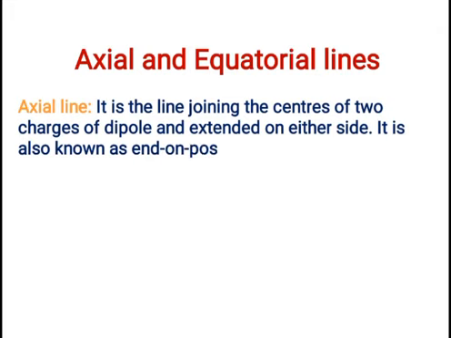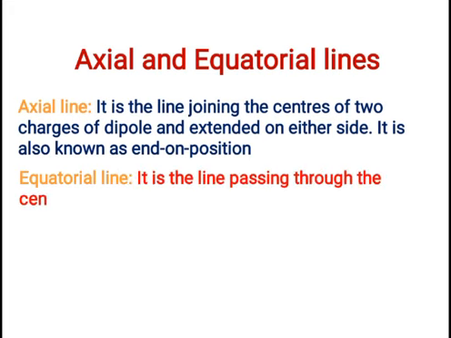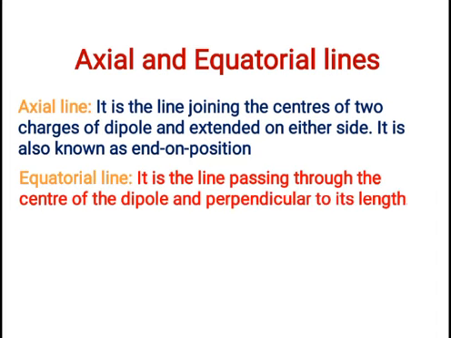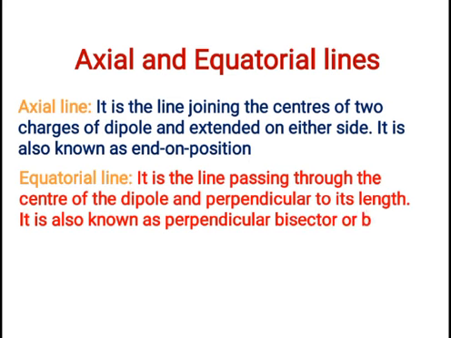It is also known as end-on position. Equatorial line. It is the line passing through the center of the dipole and perpendicular to its length. It is also known as perpendicular bisector or broad-on position.